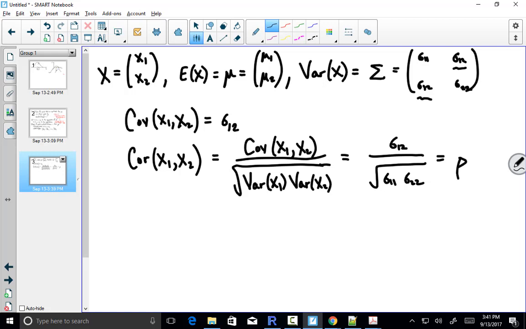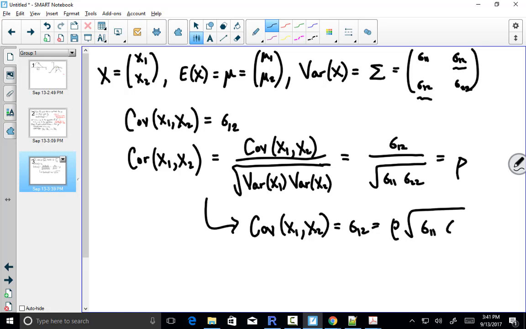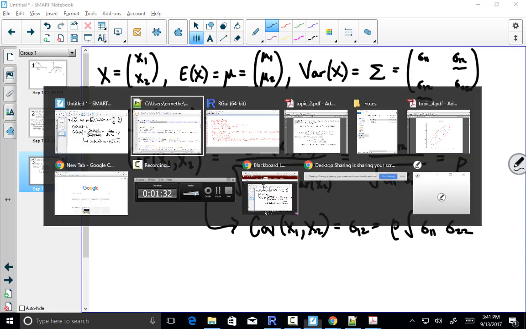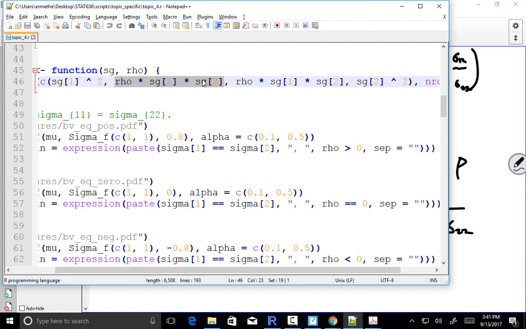Given a correlation, I know that the covariance is equal to rho times the product of the standard deviations. Just algebra, solving for sigma 1,2. That's where this came from. The covariance between variables 1 and 2 is equal to the correlation times the product of the standard deviations.